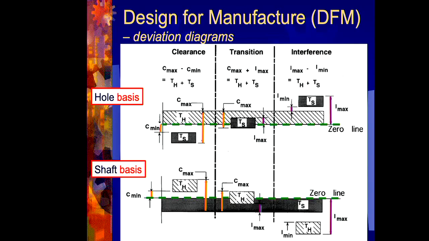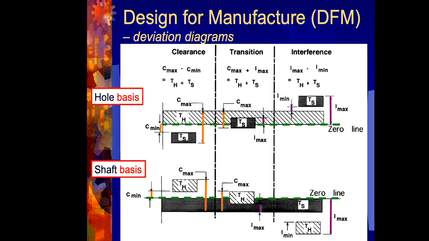And, oh, there it is there, for the hole. And that cross-hatched rectangle is representing the lowest limit and the upper limit for the hole. And these solid rectangles going up and up and up are equivalent shaft tolerance rectangles for a clearance, transition or interference.